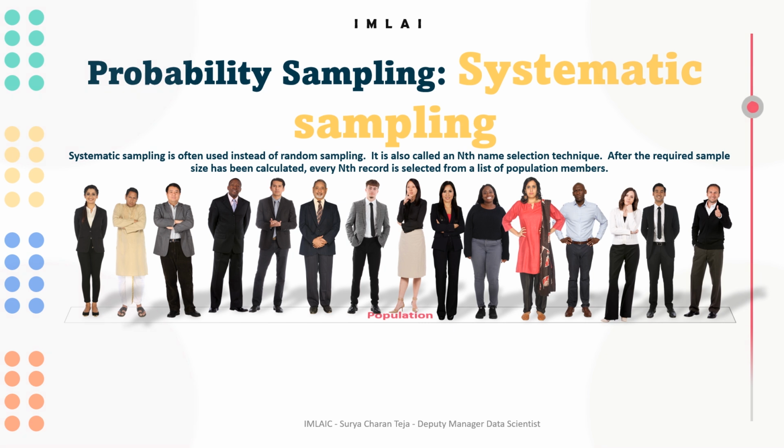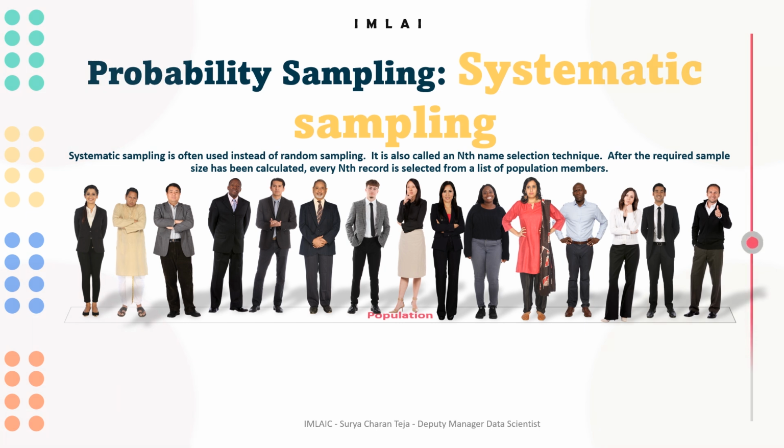The first individual is selected randomly from the first k individuals. That's a very important aspect. The first one would be random. And then every kth individual after that is selected until the desired sample size is reached.